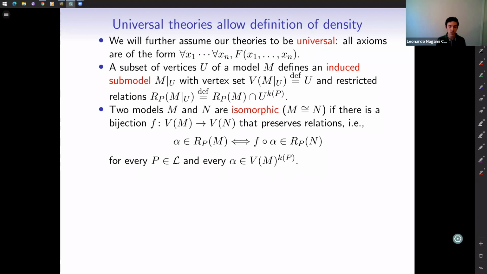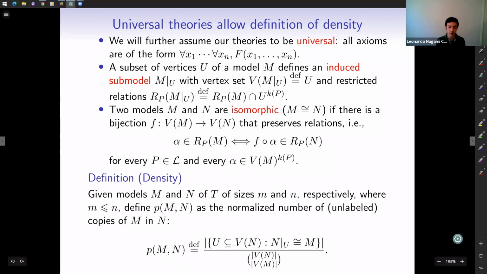Now, with these two notions, this allows us to define densities. Here's the definition of density. It's essentially the same as in the graph case.